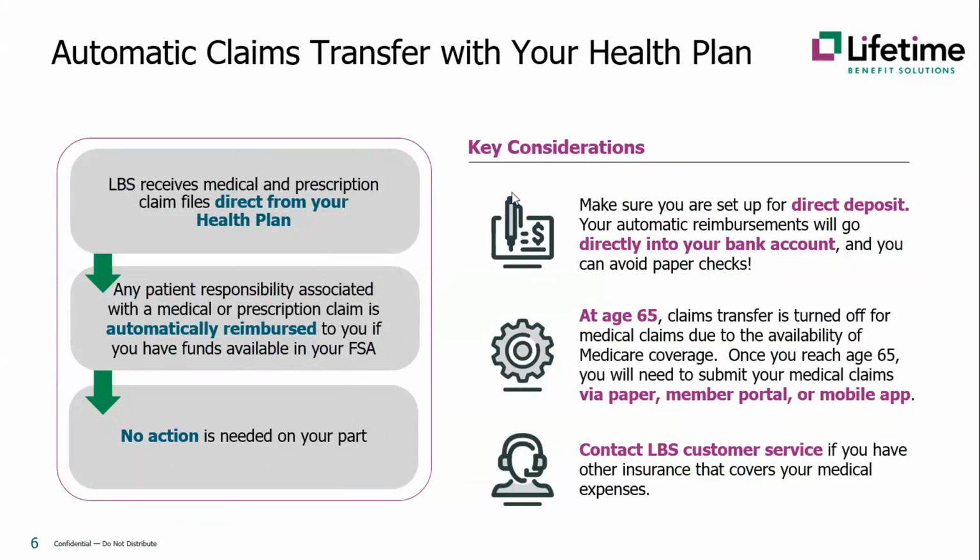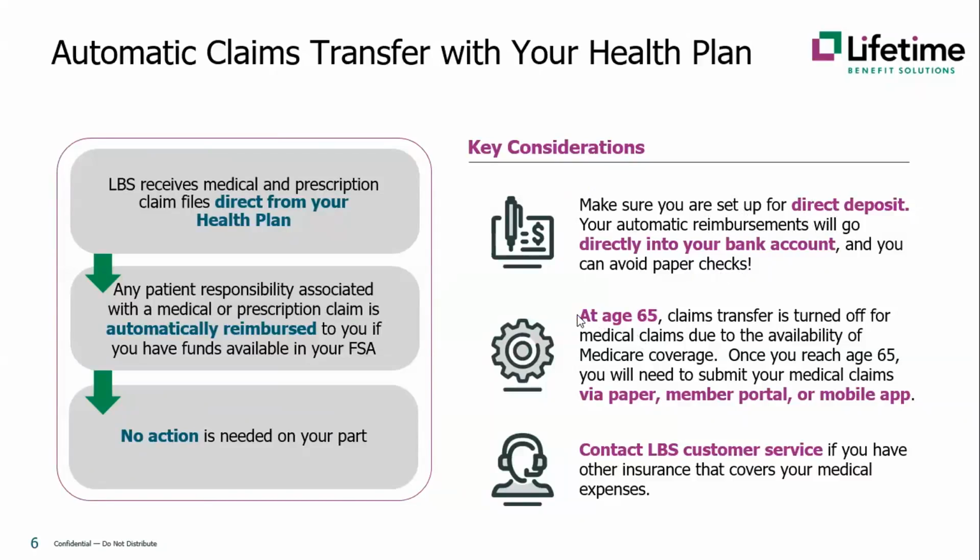Now, some key considerations. We do suggest that you sign up for direct deposit. That makes the ACT process work even better because your funds are just dropped right into your personal checking account. And you can sign up for direct deposit right on our member portal.